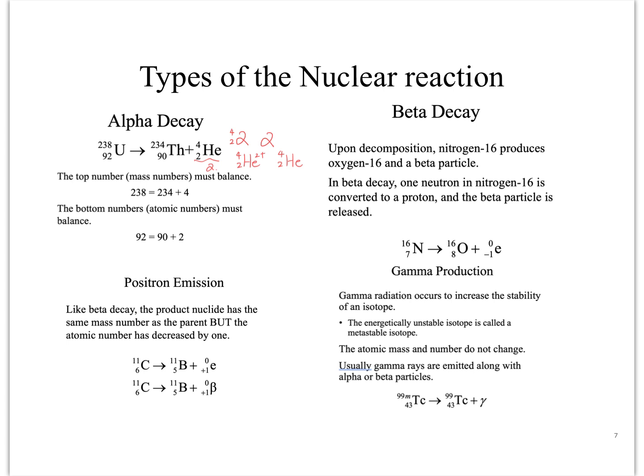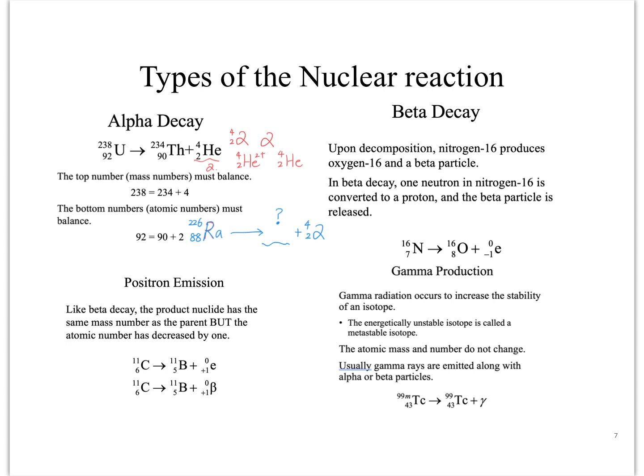So for example, what we are going to look at here is a starting nuclide, which is Ra with 88 and 226. If I say it's going to undergo alpha decay, meaning you are going to have an alpha particle on the right side, what is the other product?